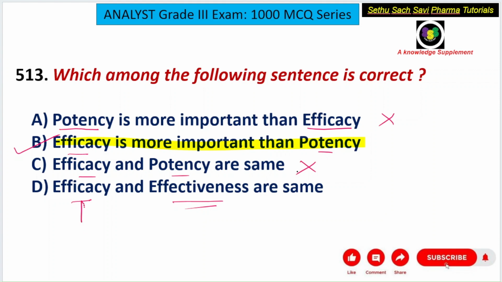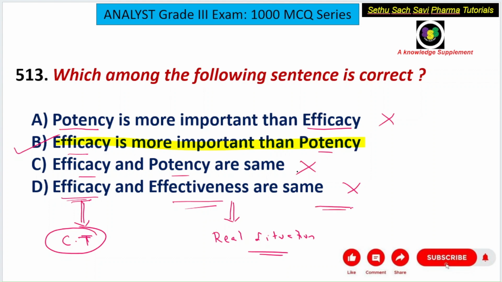Now remember, this term efficacy is mainly taken from clinical trials. We know that a drug will be tested in various phases of clinical trial, and from that the word efficacy comes. But in the real situation, the term is effectiveness. So efficacy and effectiveness are not same, they are different.